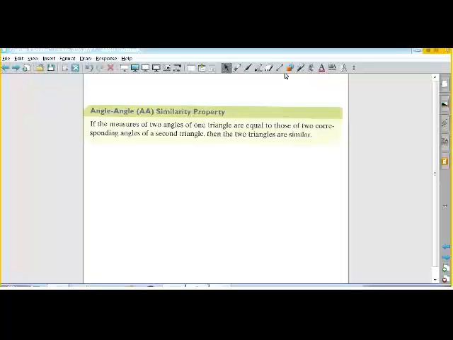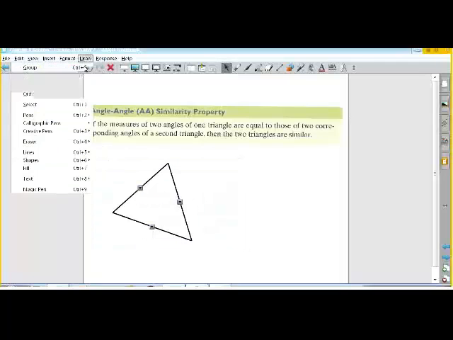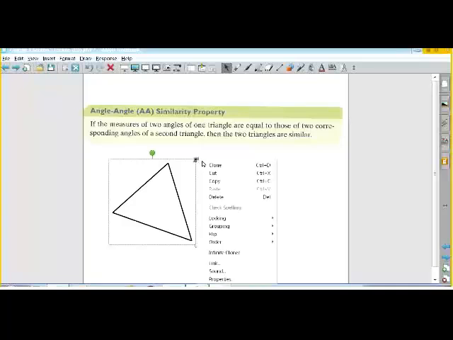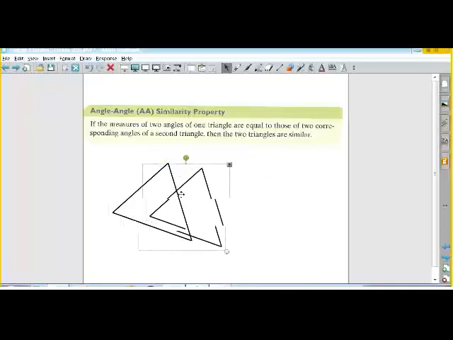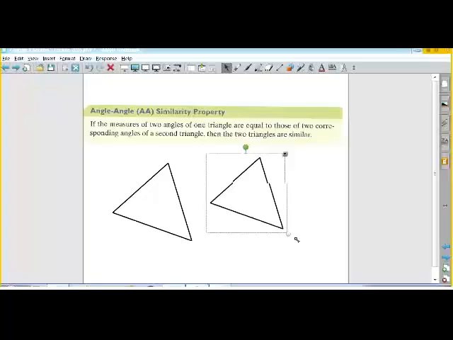So let me just draw a triangle and explain what this is saying. So here's my arbitrary triangle. And now we'll group them together so it actually is a triangle. And I'm going to clone this thing. And I'm going to shrink it. There it is.